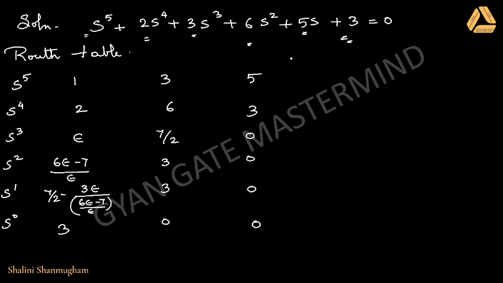So from this, by putting epsilon, we know that epsilon is a small positive number. Here we are going to determine the roots and also the number of roots in the right half of the S plane. So take the limit as epsilon tends to 0 for this term.